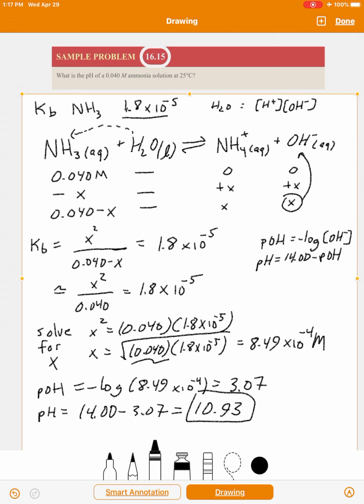But it also depends on the value of Kb. So if you took a Kb that was 1.8 times 10 to the minus 10, you would end up with a pH value that's significantly lower, because it wouldn't be as strong of a base. Remember, this Kb or Ka is really telling you how much X you're going to get. So for a weak base, it's telling you how much hydroxide you're going to get. For a weak acid, it's telling you how much hydronium you're going to get. So there you go.